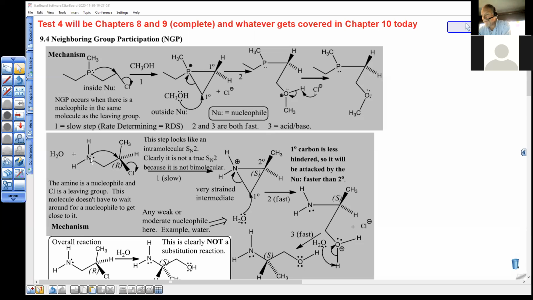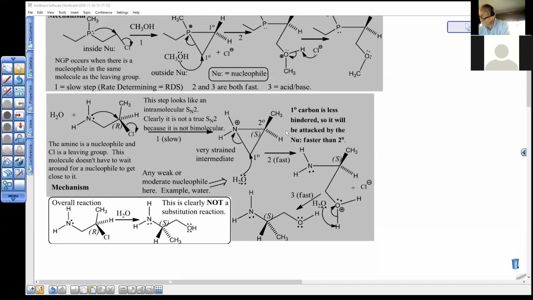Keeping in mind this is a backside attack on a stereocenter, so when you're finished with the backside attack, an R stereocenter will become an S stereocenter. And now here we have water instead of methanol as our outside nucleophile. Same story though. It has to pick one of the two carbons.